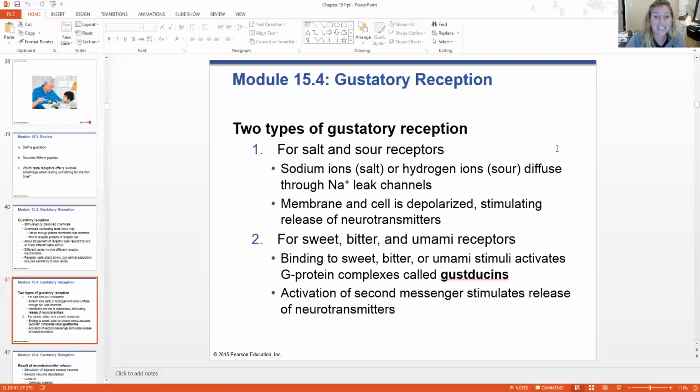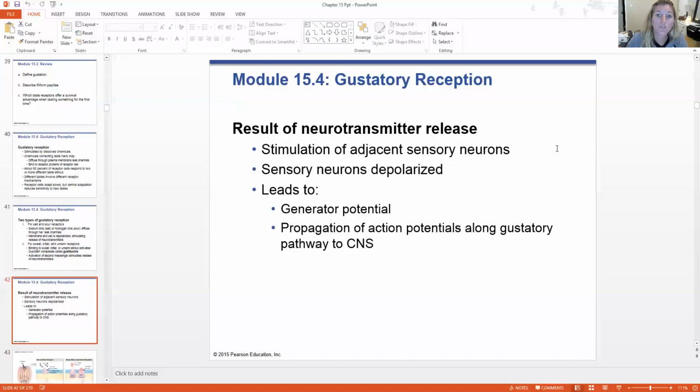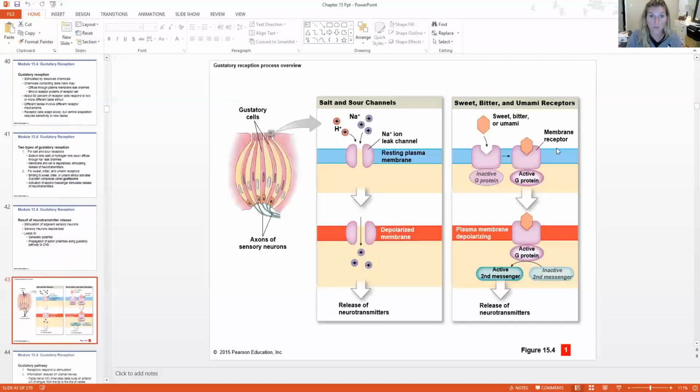Those activate a secondary messenger, which is going to stimulate the release of neurotransmitters. The result of the neurotransmitter is going to be the stimulation of the sensory neurons. The sensory neurons are depolarized, which leads to that generator potential and propagation of action potentials along the gustatory pathway of the central nervous system.